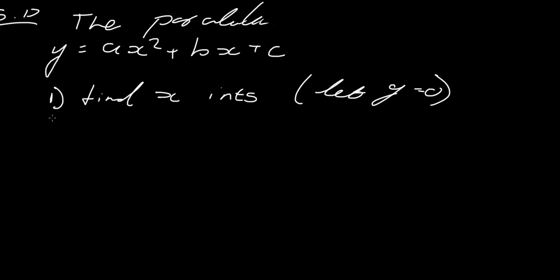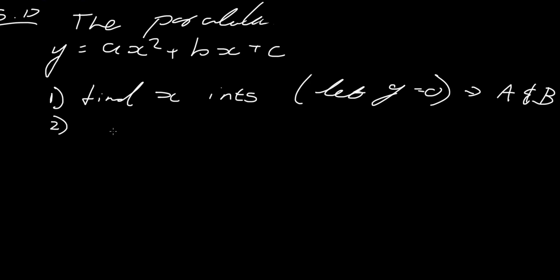Okay. 2, find the axis of symmetry. How do we find the axis of symmetry? These x-intercepts, we call them values a and b.